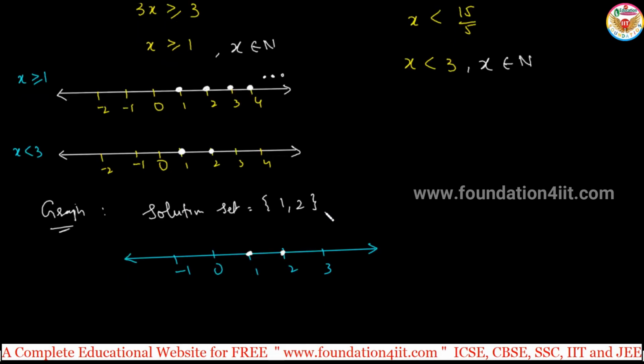Let's see one more question with real numbers, and you'll get more of an idea. Mostly the problems are the same, only some numbers change, so the concept is the same. Solve and graph the solution set of two inequations.